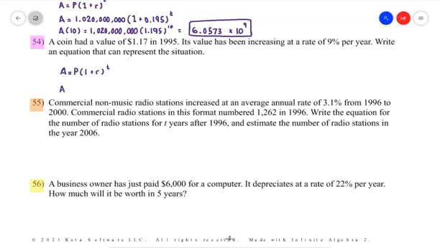So my value in the end would be equal to 1.17, my principal amount, times 1 plus the rate as a decimal, which would be 0.09, and we move that decimal twice, to the power of t. And that way we would be able to find the value of that coin at any time since 1995.